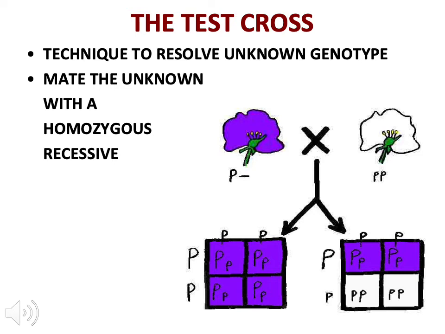So make sure that you know the test cross, which is an invention of Mendel, is a technique to resolve an unknown genotype. It means you mate the unknown plant or animal, which has a dominant phenotype, with some homozygous recessive, and that way you can determine whether that unknown plant is homozygous dominant or heterozygous.